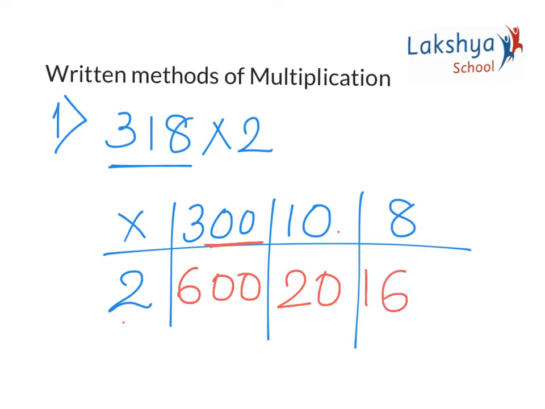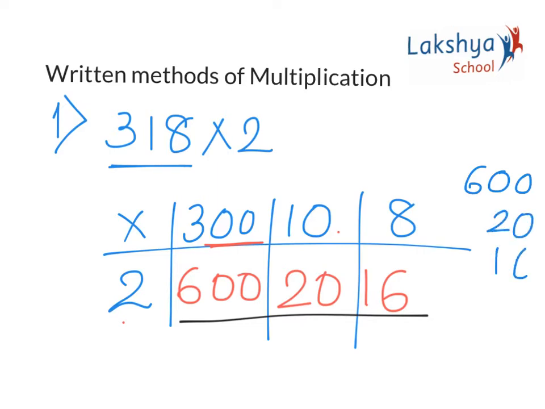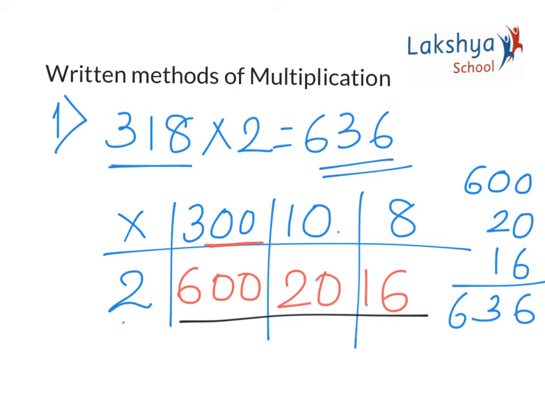Let's add all these numbers. Here I list the numbers as 600 plus 20 plus 16 giving me 636. This is the product. This is how you are supposed to work out the remaining sums.